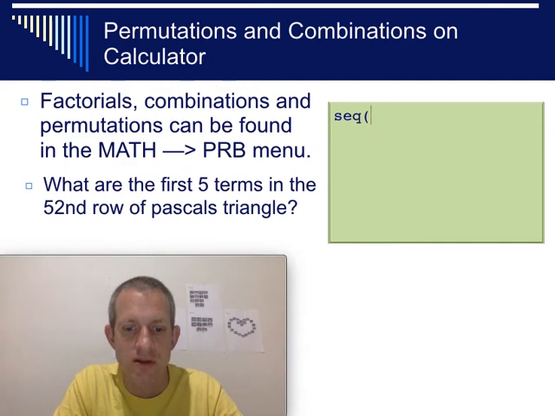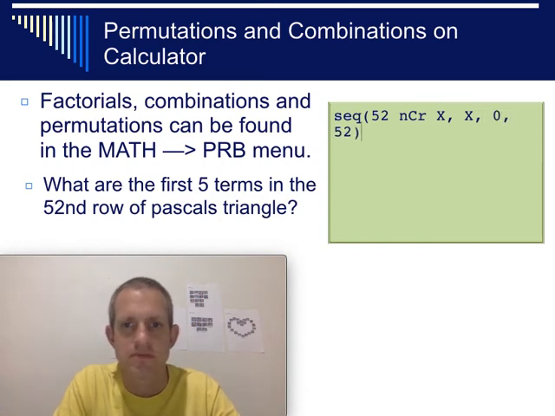And so the formula is 52 NCR something. And I'm going to let that variable x go from 0 all the way to 52. That would produce the entire row. And if you just wanted the first 5 numbers in that list, then you could type this in.